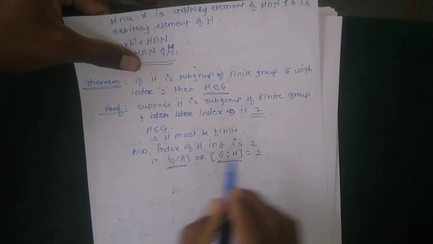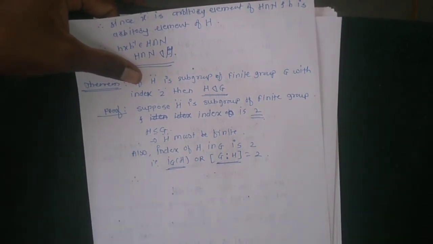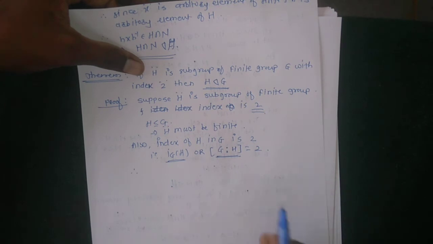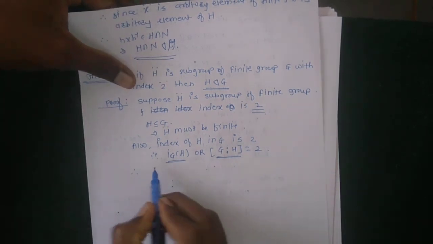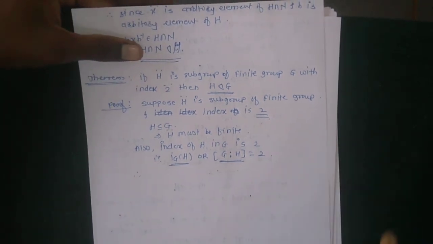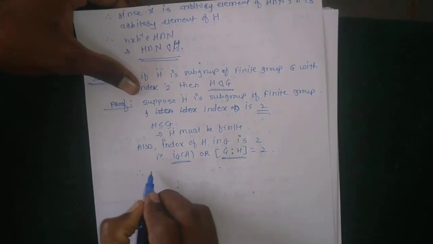Therefore, index means the number of distinct left cosets or right cosets.